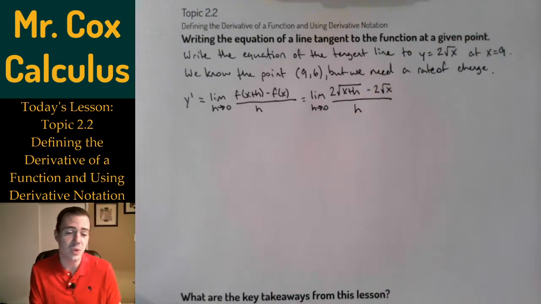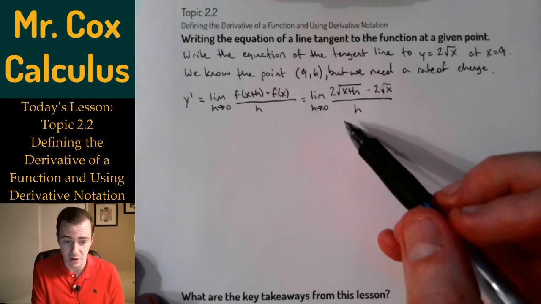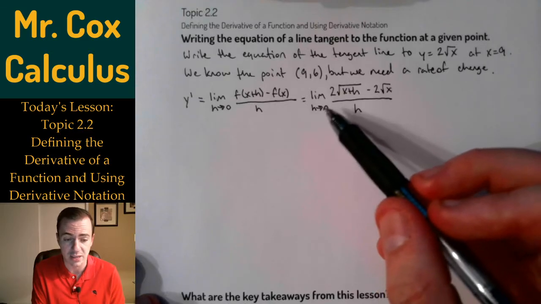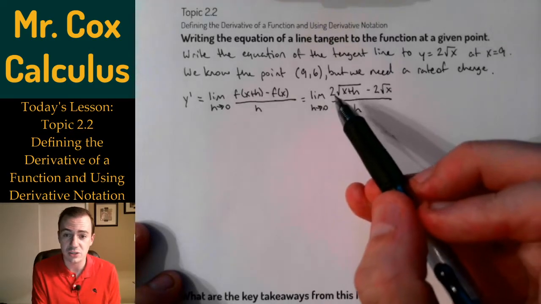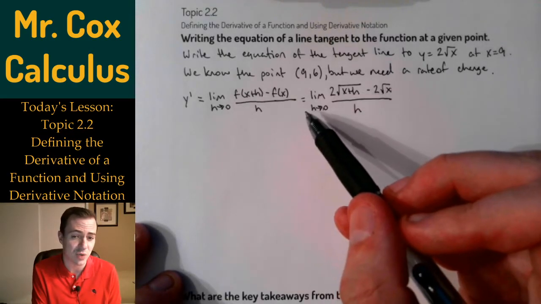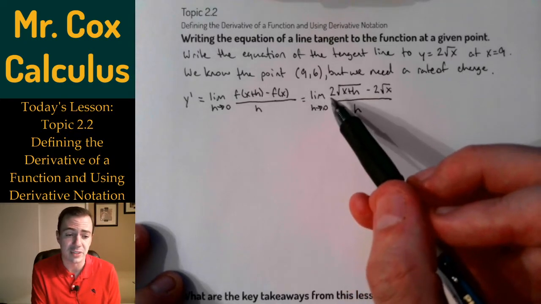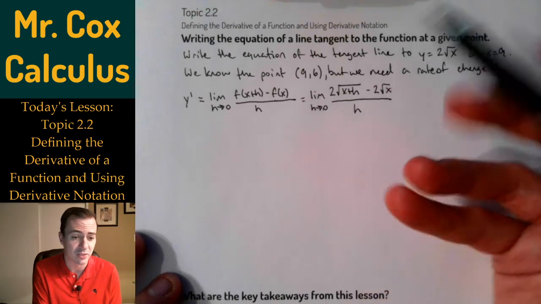Now then, before we get too far into this, our idea with radicals is going to involve the same trick we learned with radicals when we evaluated limits in Unit 1. I do see one thing that I can do here. I've got a 2 in front of both terms in the numerator, so I can actually factor that 2 out. And remember when we evaluate limits that any scalar multiple can come out in front of the limit statement.